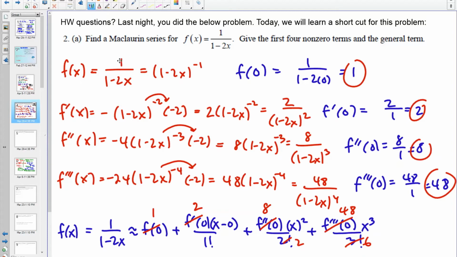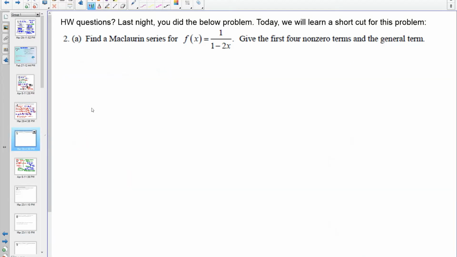So if you look at 1 over 1 minus 2x, I want you guys to notice that 1 over 1 minus 2x actually looks a lot like a1 over 1 minus r. When we talk about a series, we're really saying that the series is a sum, right? That's what series means. What that looks like is the sum of a geometric series.